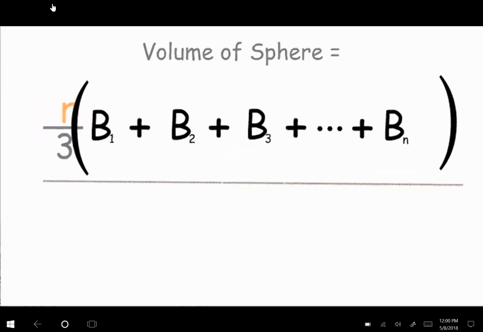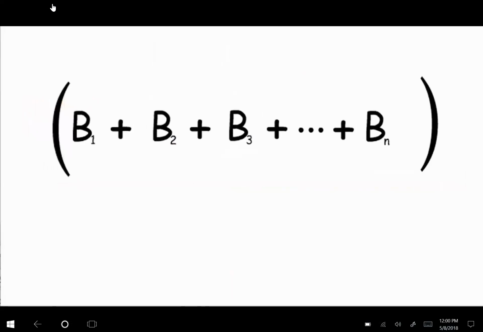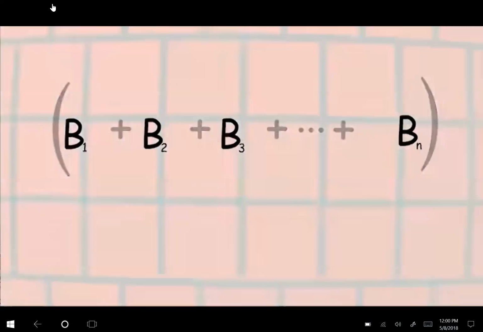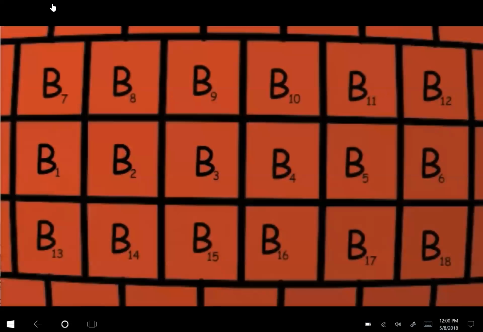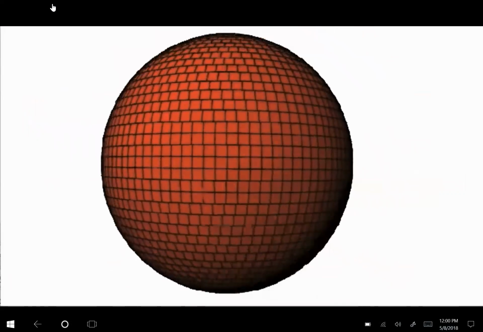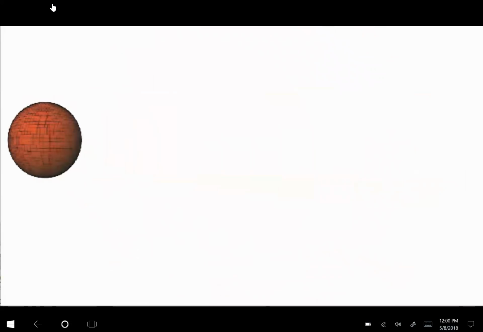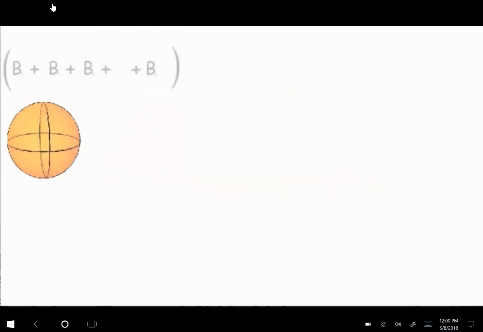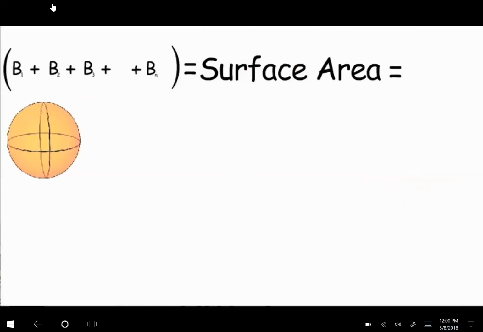So now let's concentrate on the sum of all bases. And remember, these are the bases of the pyramids that make up the sphere. And as you can see, the bases actually form the surface area of the sphere. So the sum of all bases is equal to the surface area, which is equal to 4 pi r squared.